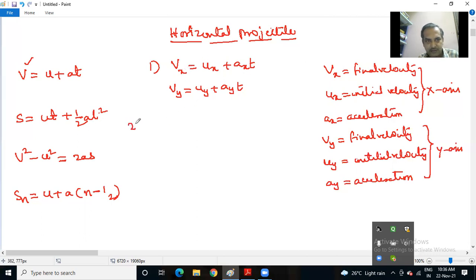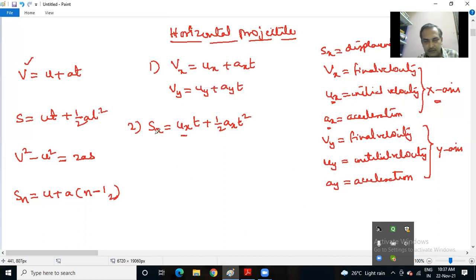How about the second equation? We write Sx = Ux t + 1/2 Ax t². Ux and Ax are already covered, so the remaining one is Sx, the displacement in the x direction.